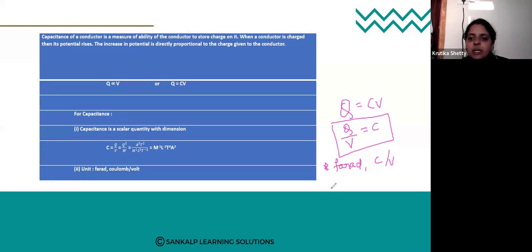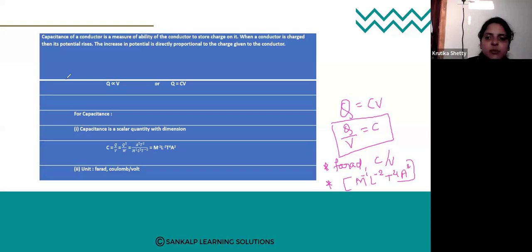So students, you should also know the dimension formula. Please note down this dimension formula. It is very, very important, for those of you preparing for CET, NEET, JEE exams. The dimension formula of capacitance is M to the power -1, L to the power -2, T to the power 4, A to the power 2. I'll write it once again.